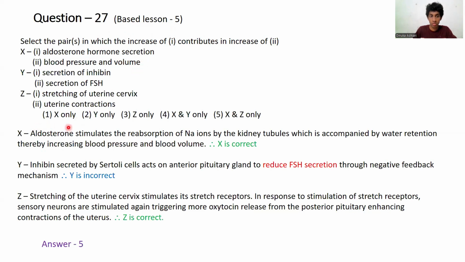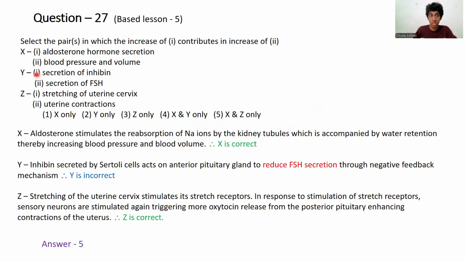The aldosterone hormone, which is secreted by the adrenal cortex, stimulates the reabsorption of sodium ions by the kidney tubules, which is accompanied by water retention, thereby increasing blood pressure and blood volume. That means when aldosterone hormone is increased, the blood pressure and blood volume are also increased. So therefore, X is correct.